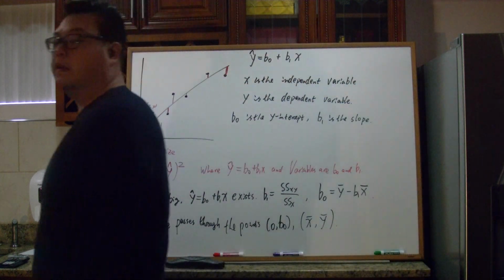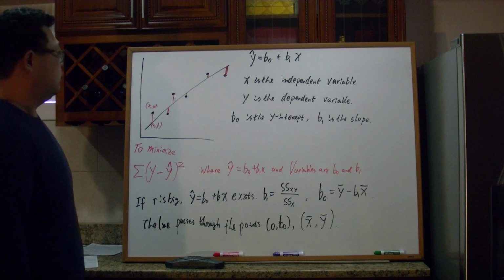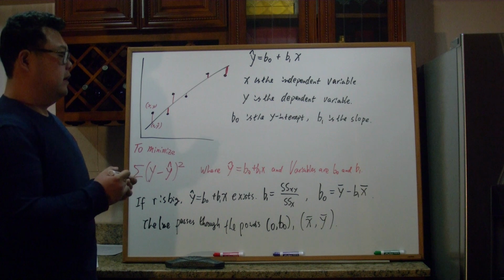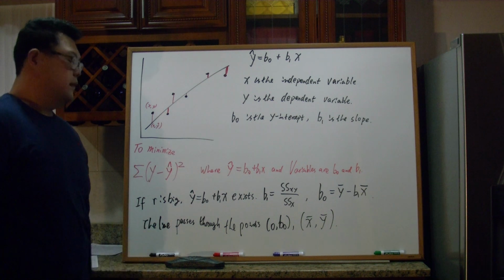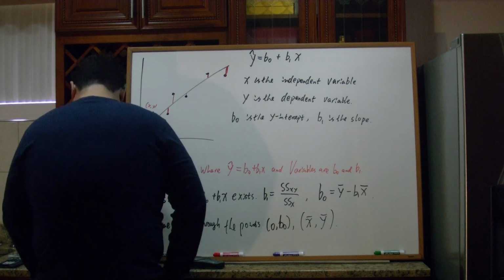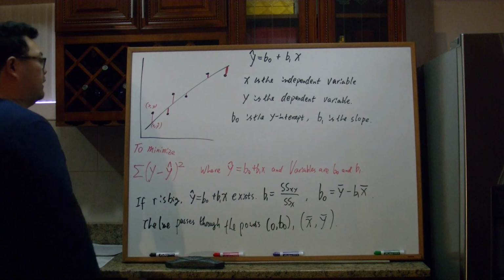Two special points they're passing, so when we draw the line, we could use just b0 and x bar, y bar to find them. Right, so let's see an example of how to find those.